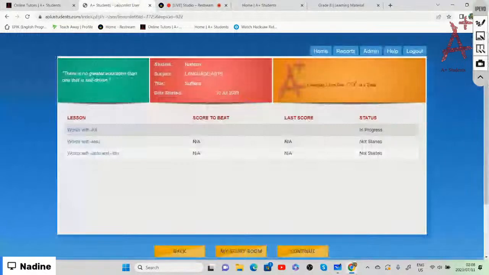It is suffixes, and the lessons that we are focusing on are words with full, words with less, words with able or ible, right? Able and ible is basically, like we would say, same difference, right? All right, so let's start.